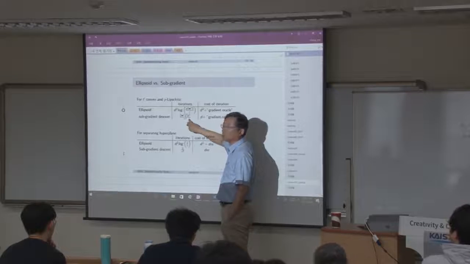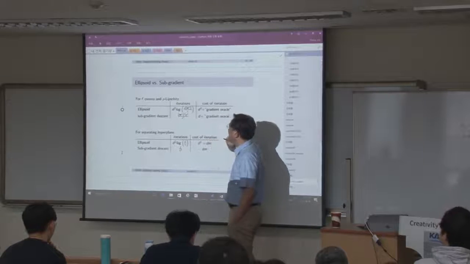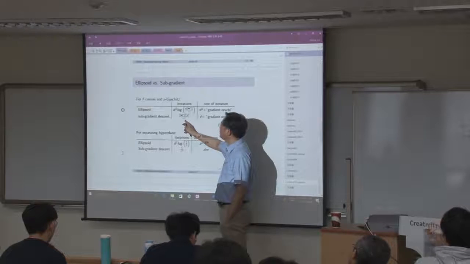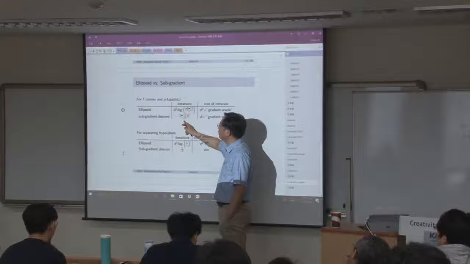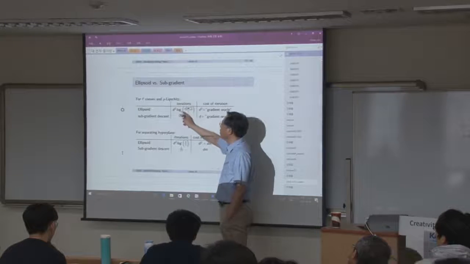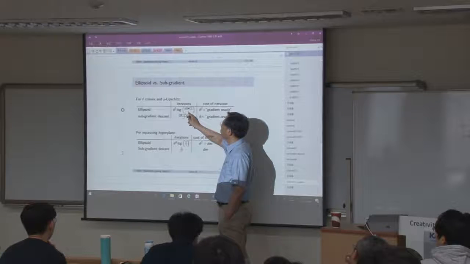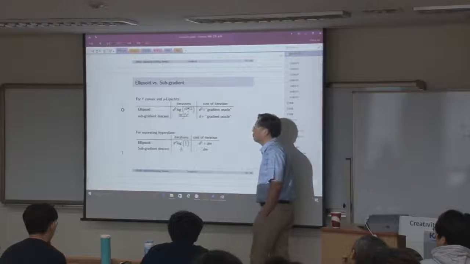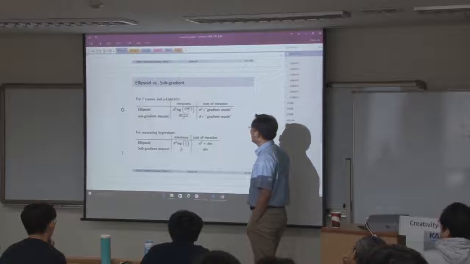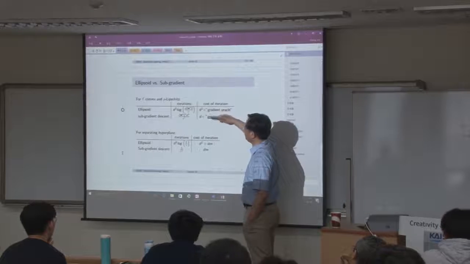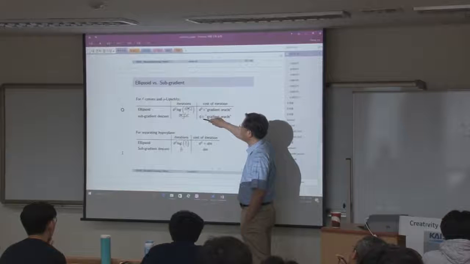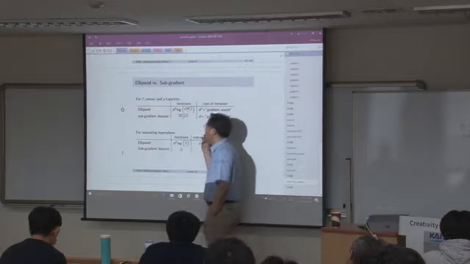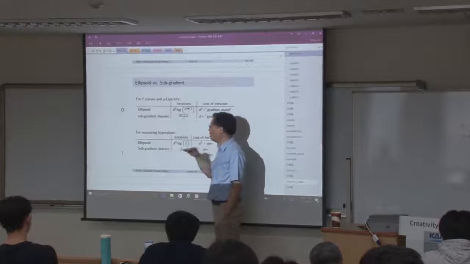Whereas for subgradient, it's alright. If you want it really, really accurate, this would require more iterations because this is a log of 1 over epsilon, whereas this is epsilon squared. So ellipsoid may be a little better, but definitely at each iteration, depending on what your dimension is, ellipsoid takes more.